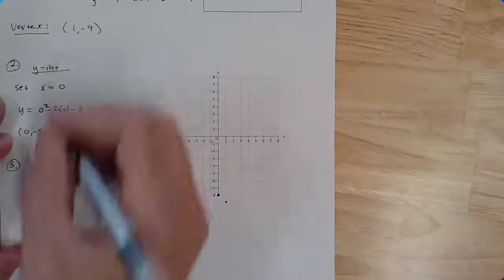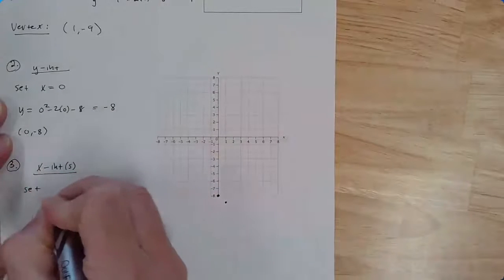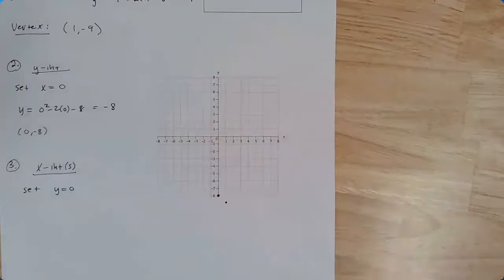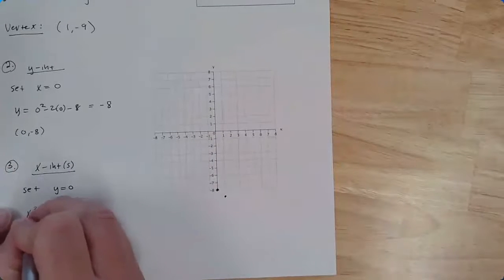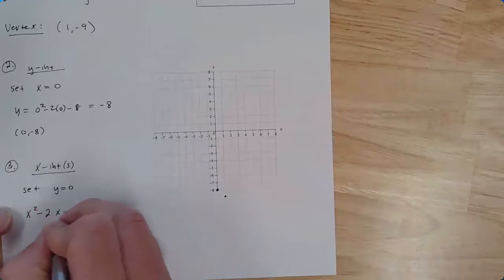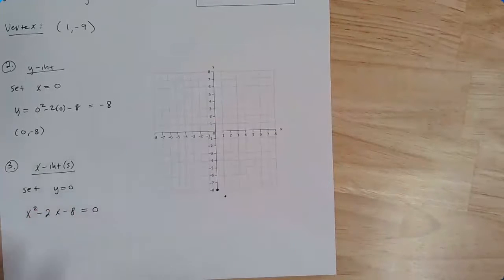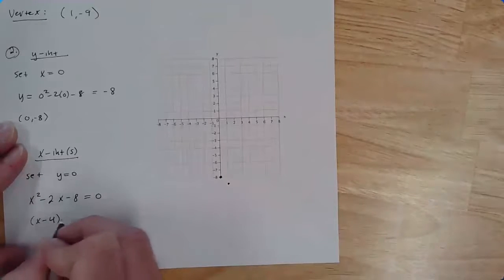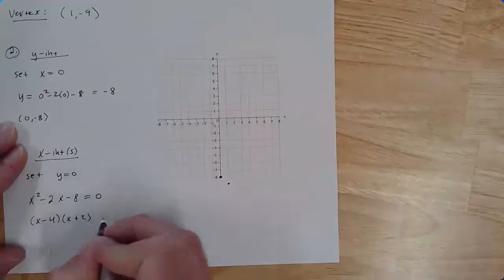I don't recommend it. Okay, so set y equal to 0, just like we did before, to find x-intercepts. Depending on the problem, sometimes it'll be nice and easy to solve this. A lot of the time they're going to factor. This one does factor. It factors as x minus 4 times x plus 2.